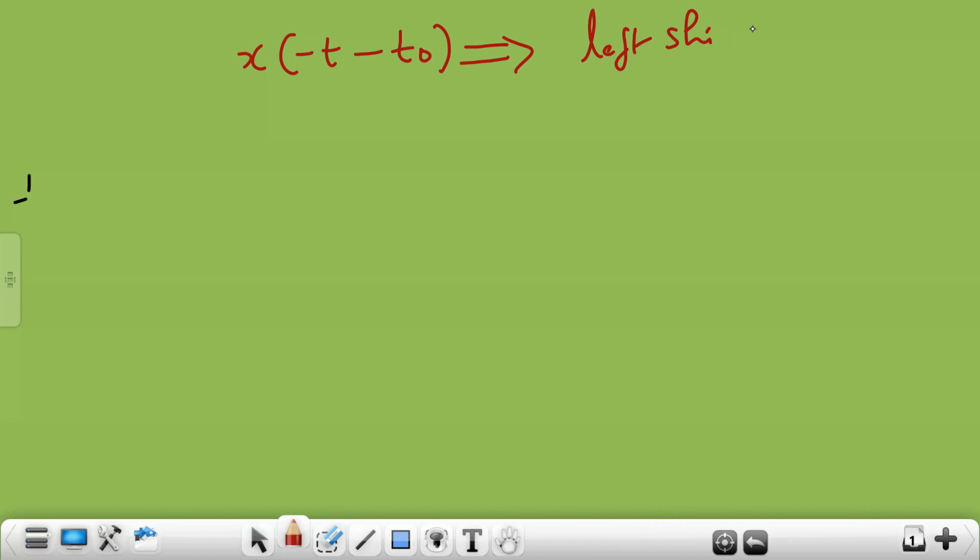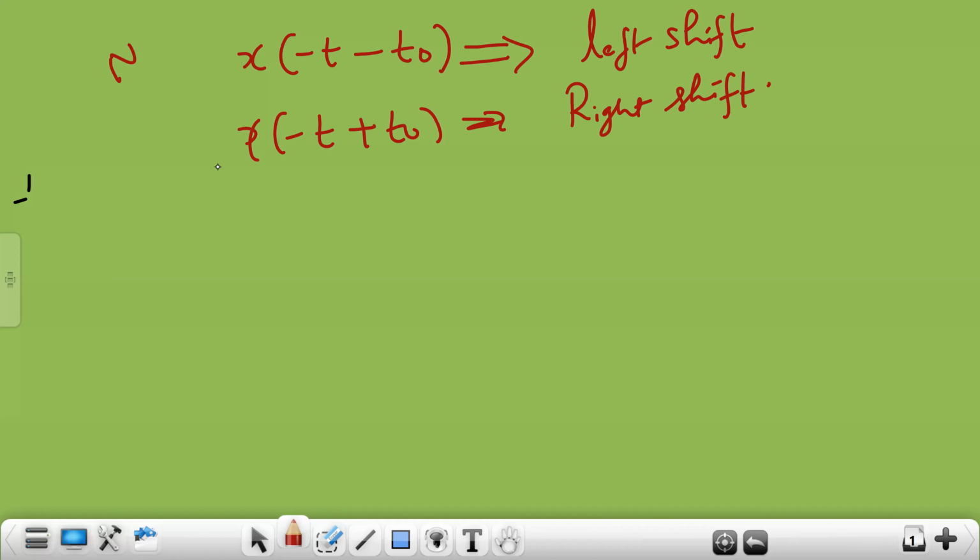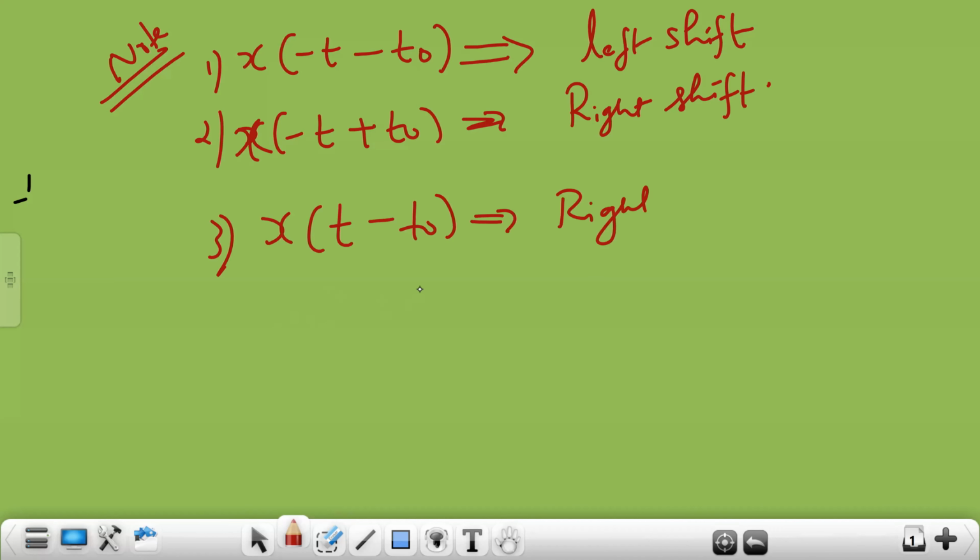If we are shifting x of minus t plus t naught, then it will be a right shift. That is just opposite to the previous case. Earlier, we had x of t minus t naught, which shifts right, and x of t plus t naught, which shifts left.